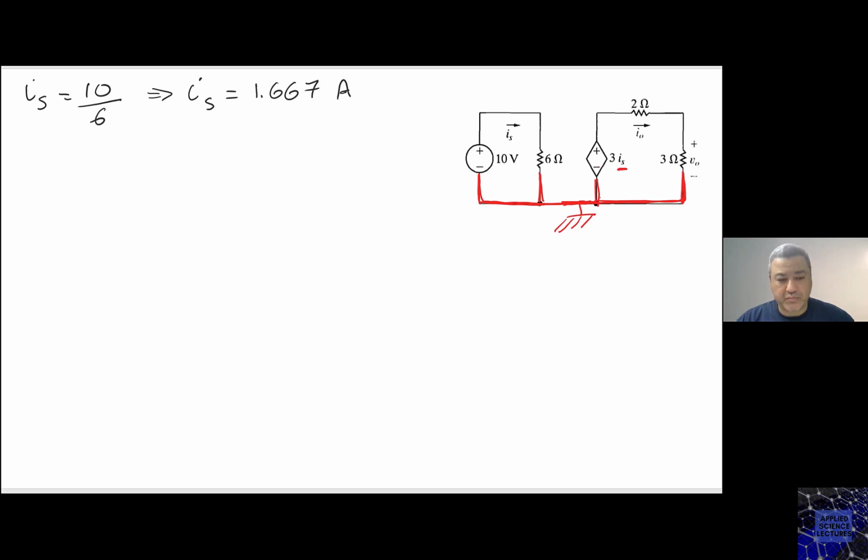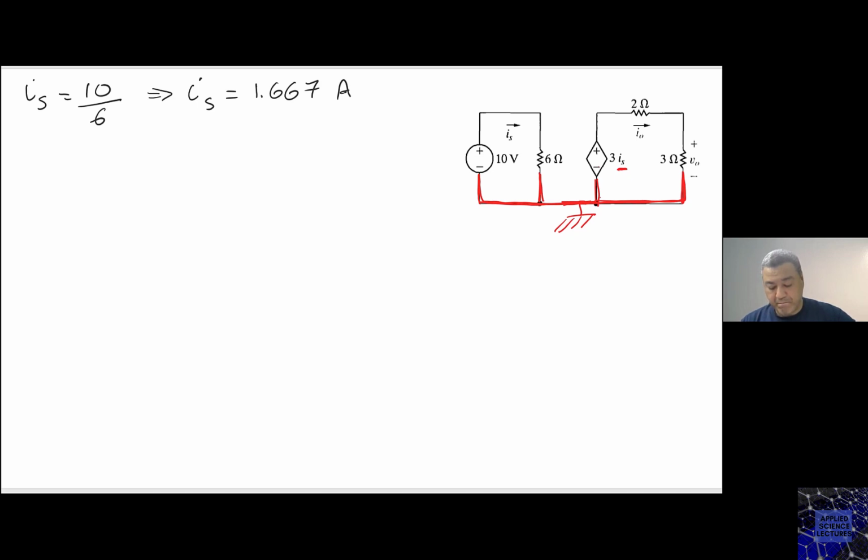I'm still a bit confused. Like, at this point here, a current should split. No, the current is not going to split. And why is that?